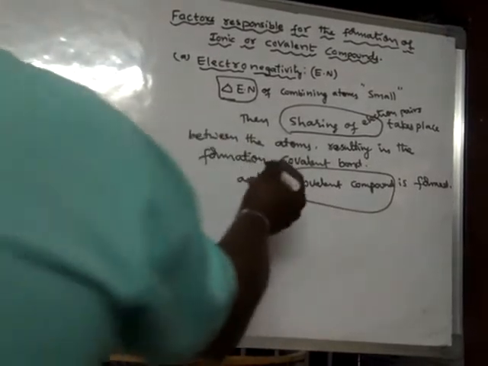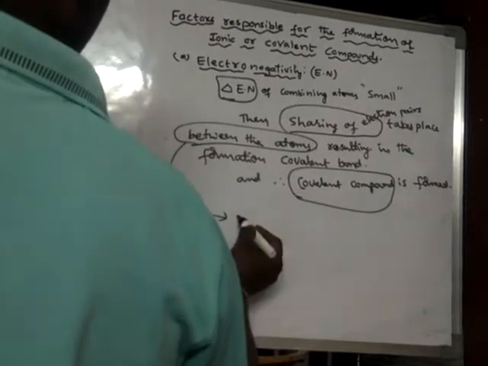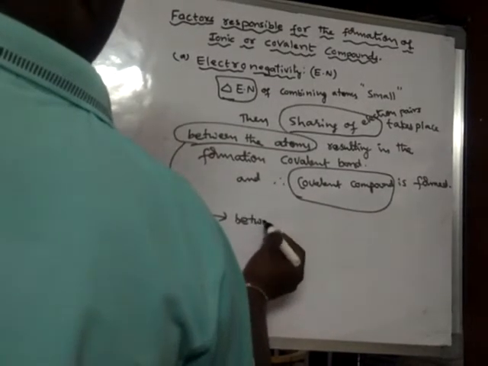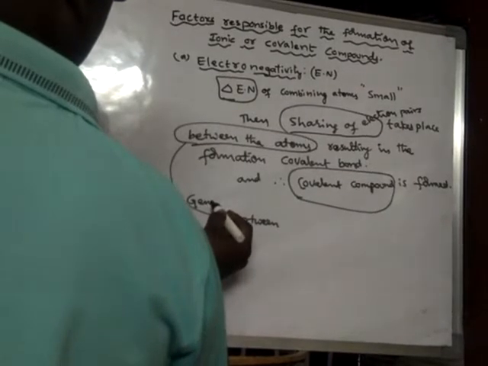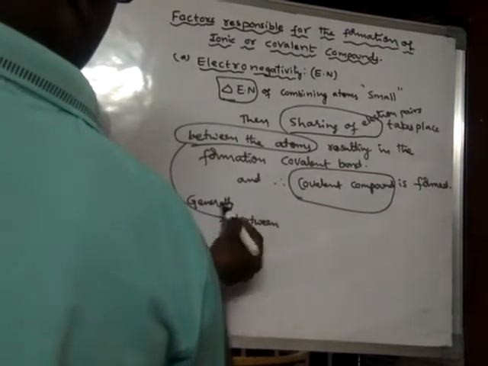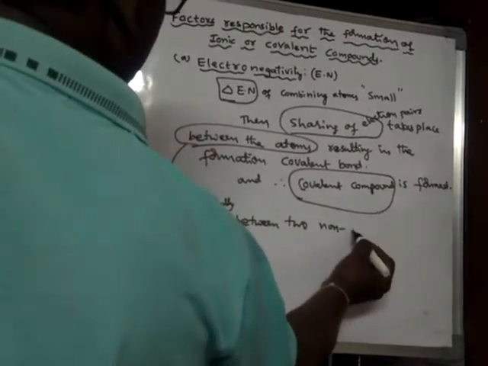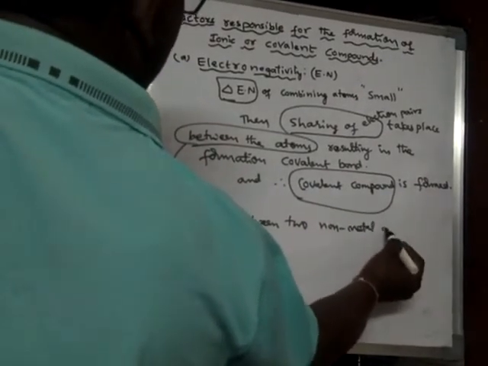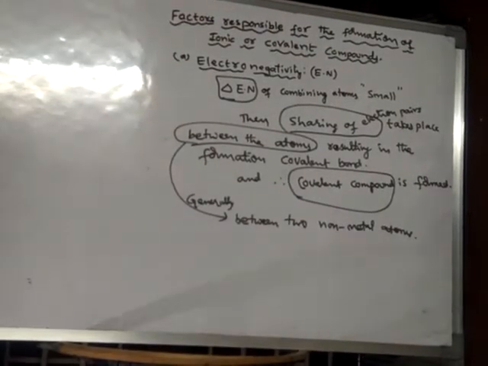Between which atoms? Generally between two non-metal atoms. The bond formed between two non-metal atoms is said to be a covalent bond.